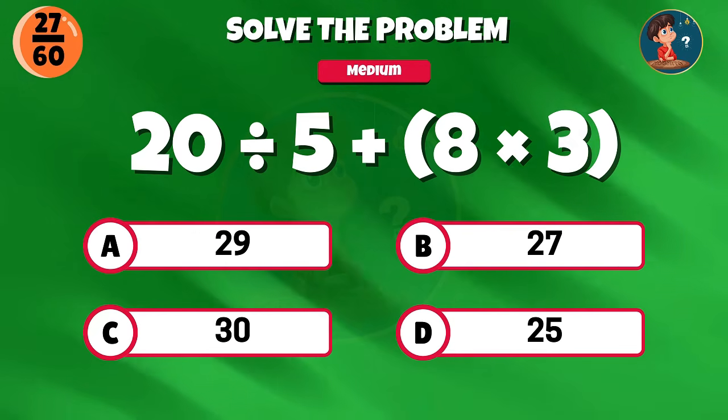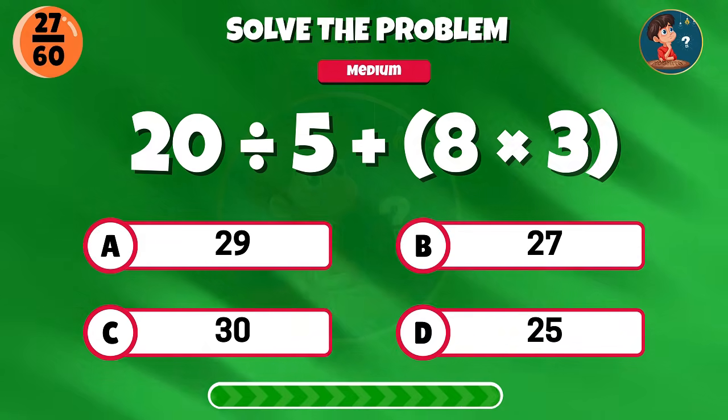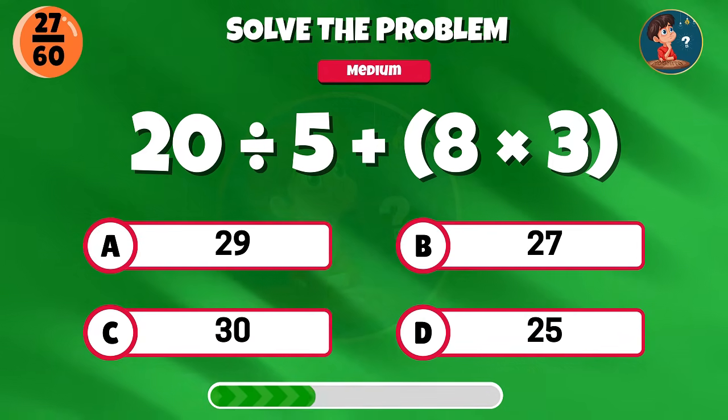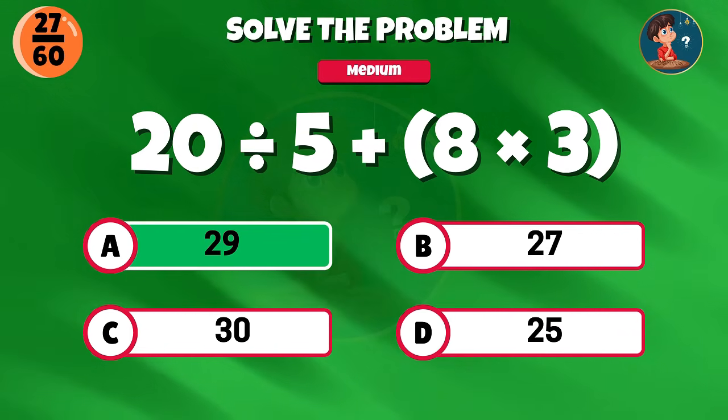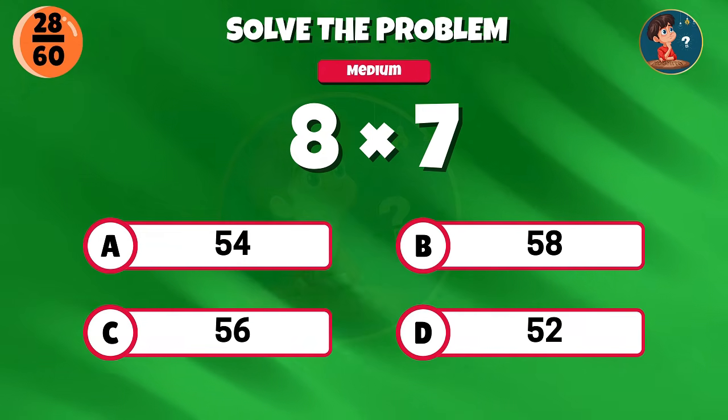What is 20 divided by 5 plus 8 times 3? That is right. You get 29. What does 8 times 7 give?